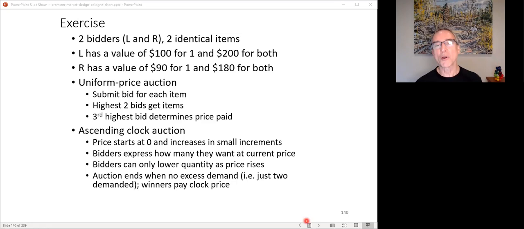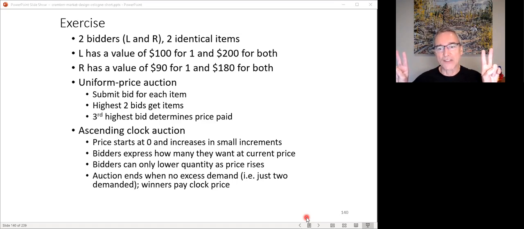So normally what I do is I just have you indicate the quantity that you want in the ascending clock auction. So I start at a price of 0 and you want 2 items typically. And then I raise the price. And I keep track of the number of fingers that are shown.